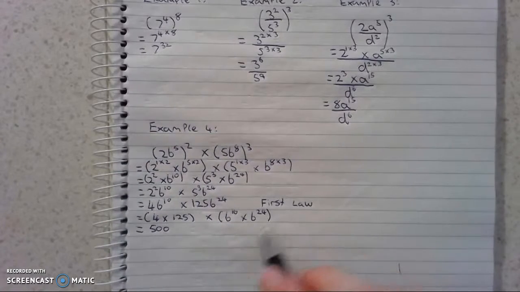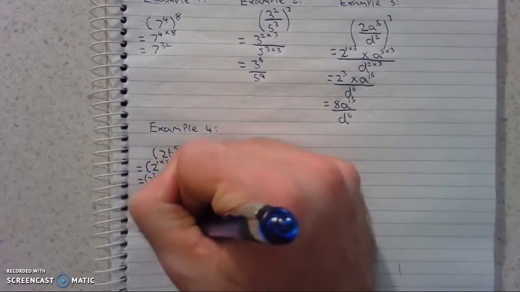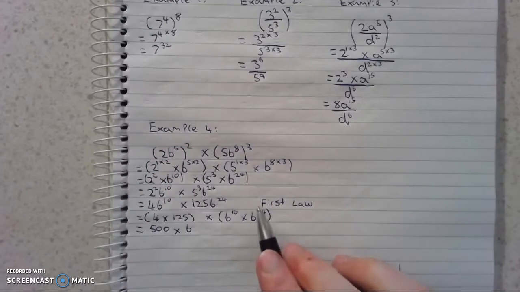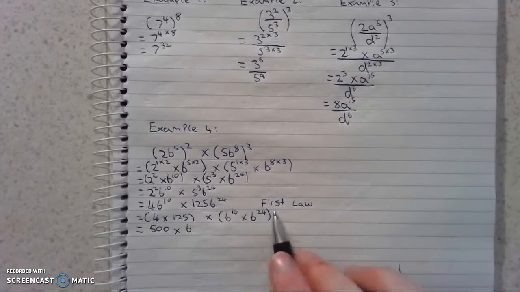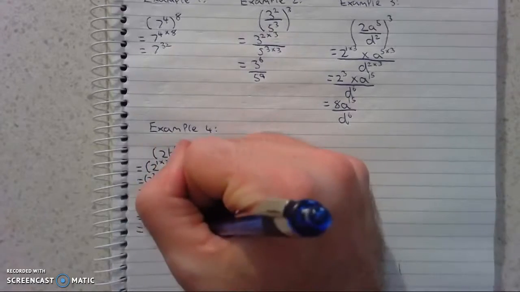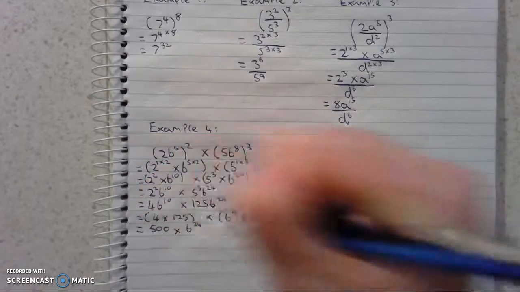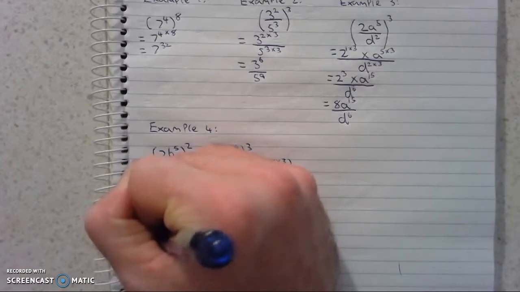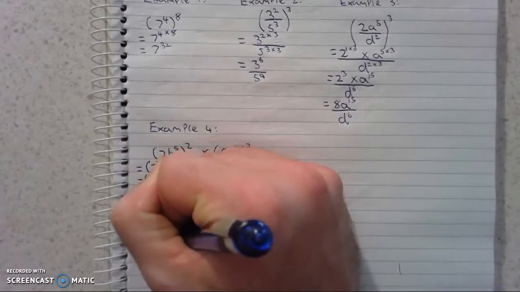Work that out together, apply our first law, so that would be times by b to the power of 10 plus 20, because remember our first law, if we multiply the same bases, we add the indices, which is 30, so it can be simplified down to 500b to the power of 30.